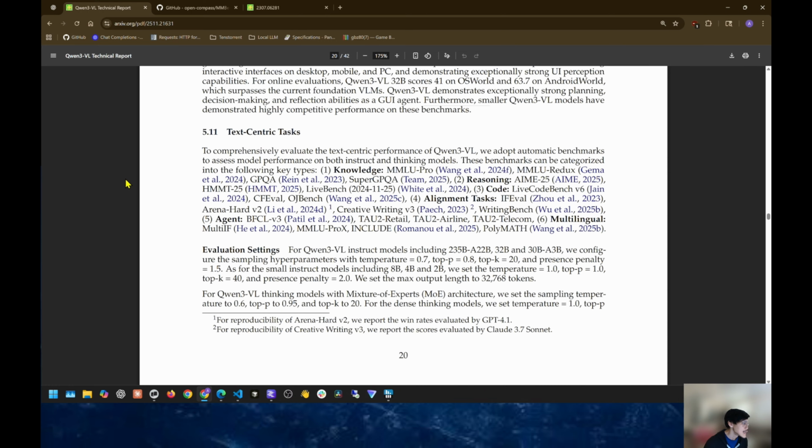Text-centric tasks. To comprehensively evaluate the text-centric performance of Qwen3-VL, we adopt automatic benchmarks to assess model performance on both instruct and thinking models.